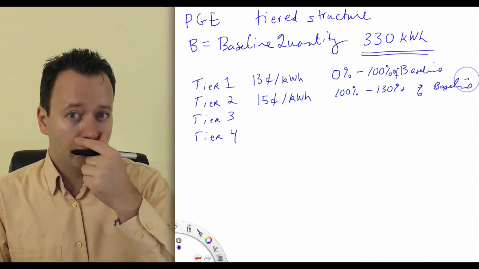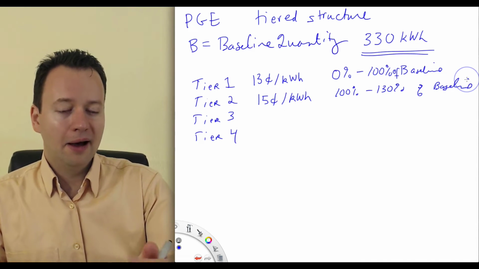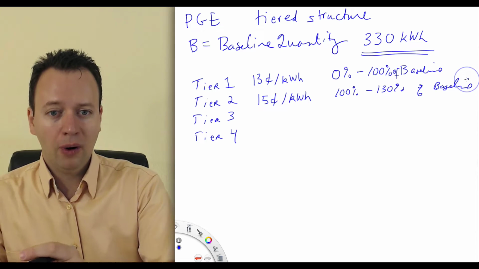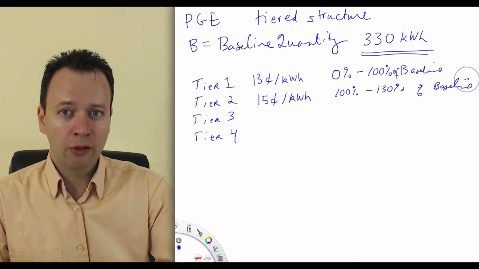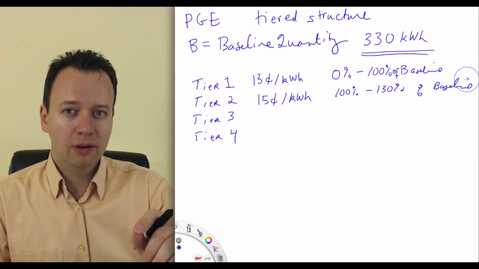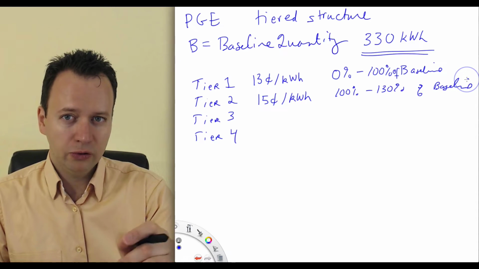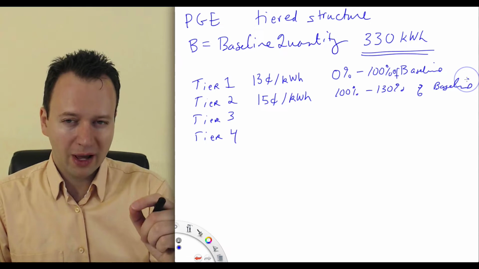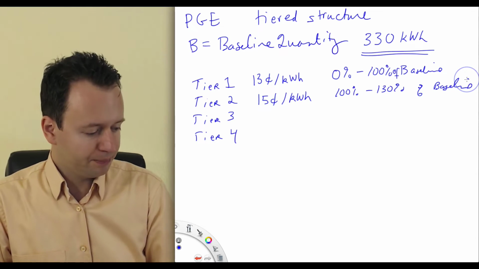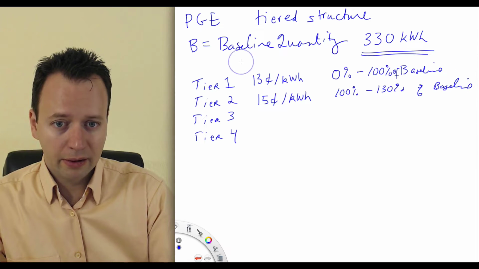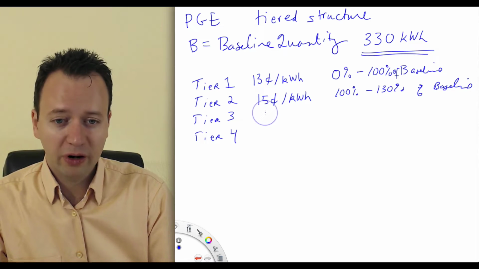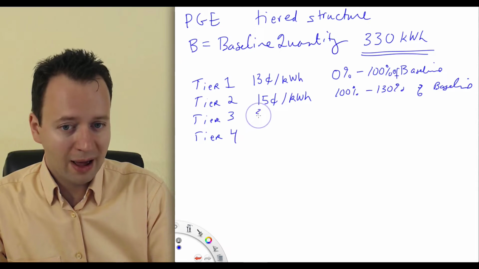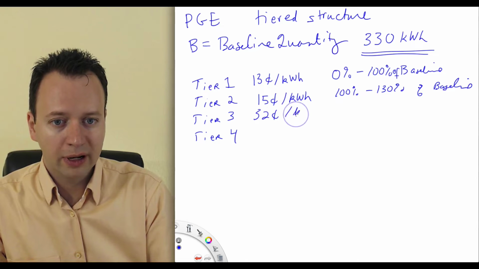And so first of all, up to 100%, you have the low rate. 100 to 130%, it's a little bit more, not too much, just 2 cents more, a little bit of a grace period where the rate goes up a little bit, but not too bad. And then after 130% of your baseline, we're at 32 cents per kilowatt hour.